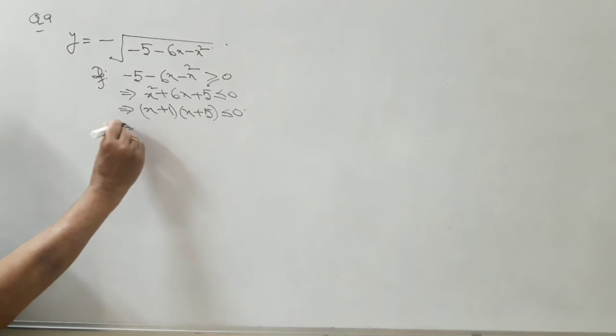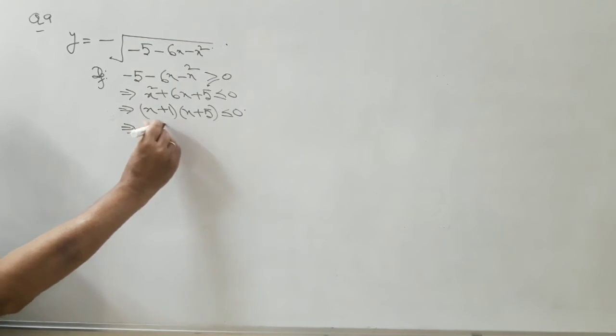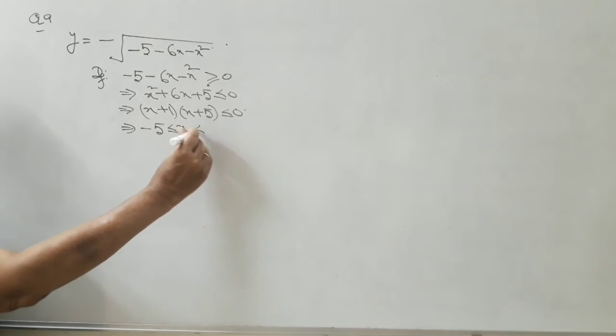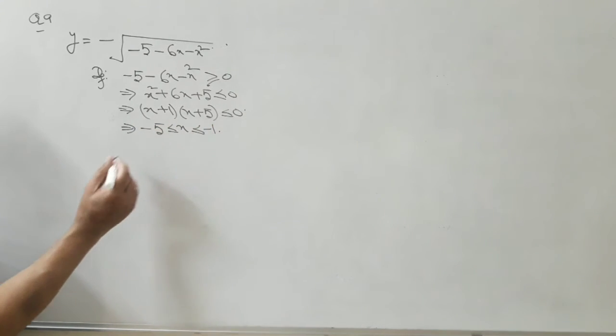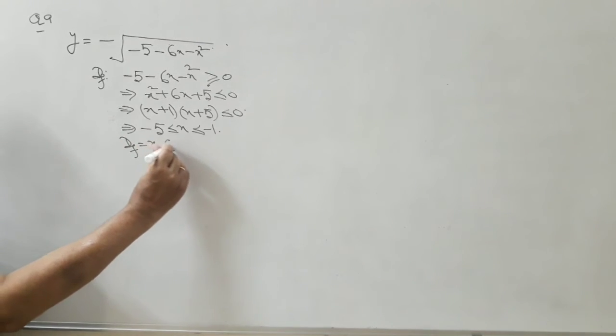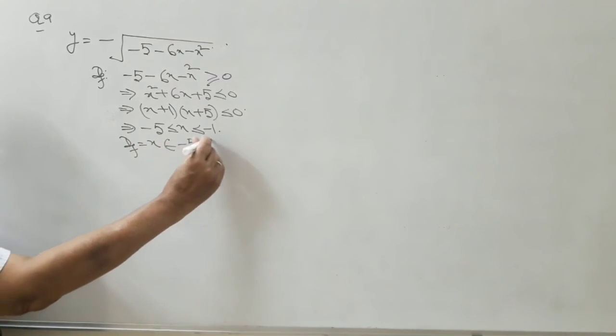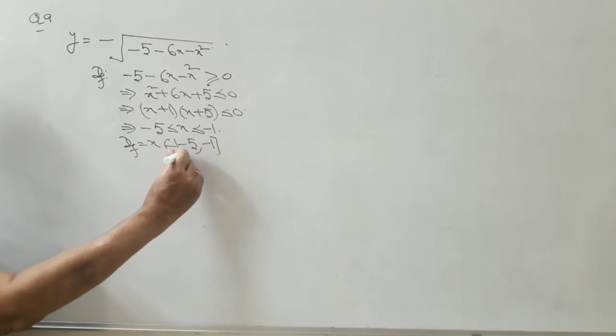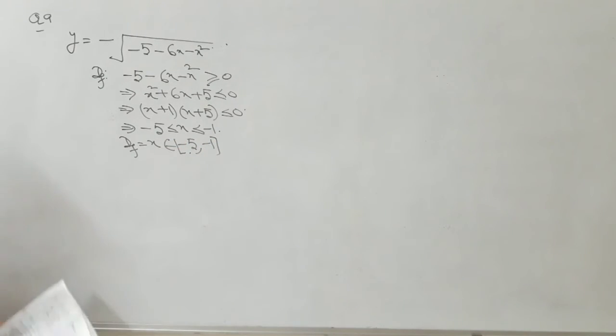Now this implies minus 5 less than equal to x less than equal to minus 1. Domain of the function is x belongs to minus 5 to minus 1 closed interval.